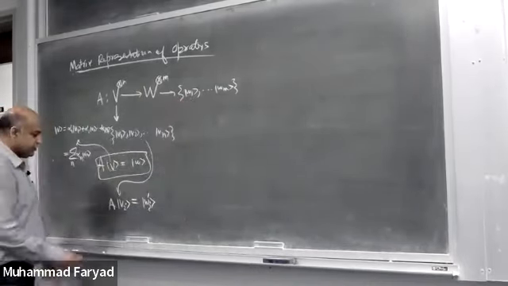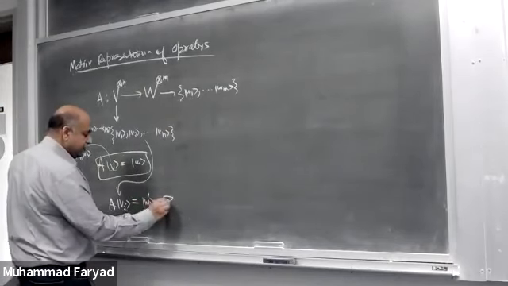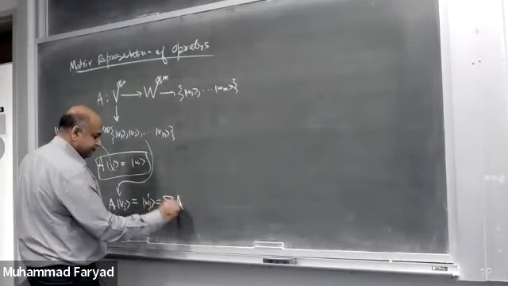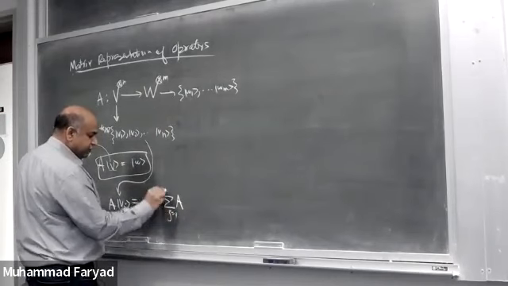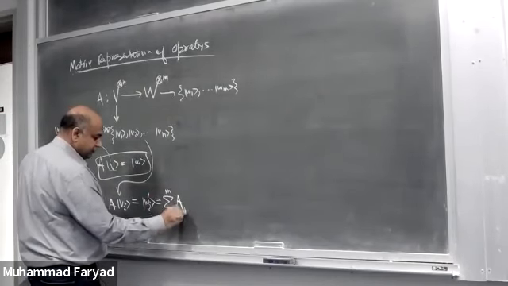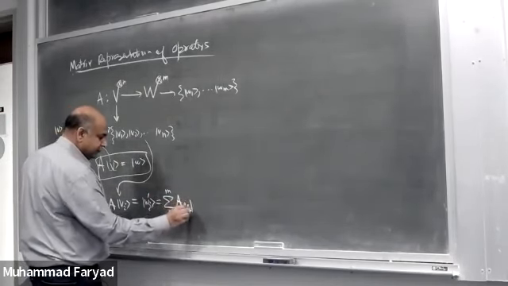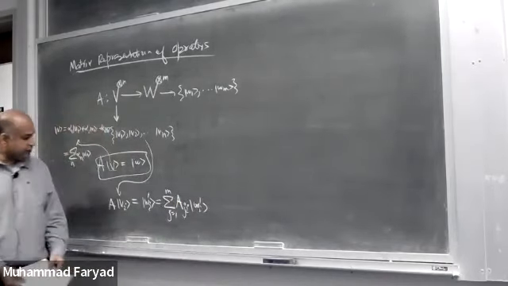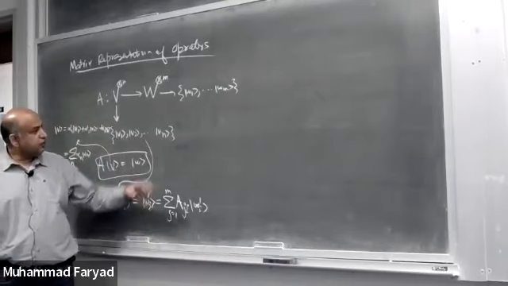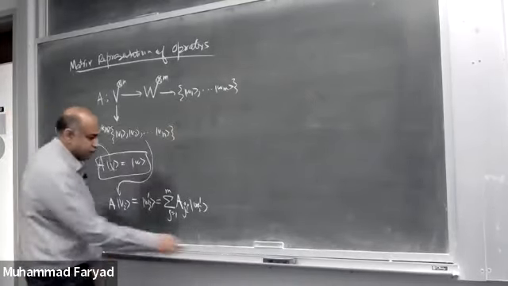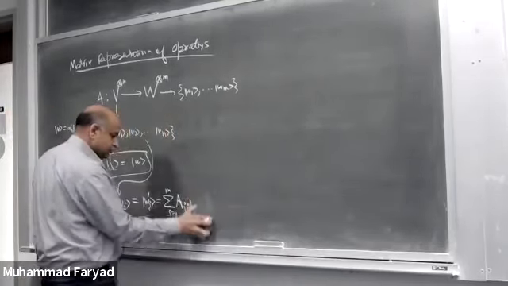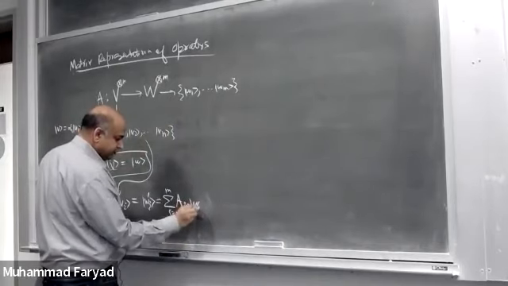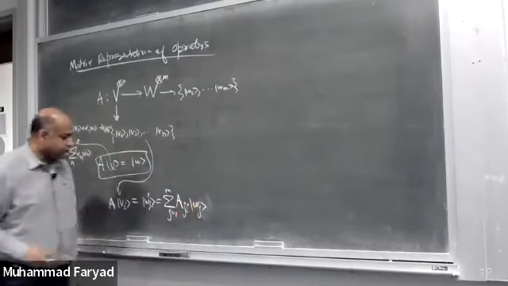In fact, this itself could be a sum over j from 1 to m, a ji wj. So this vector is a linear superposition of these basis vectors.